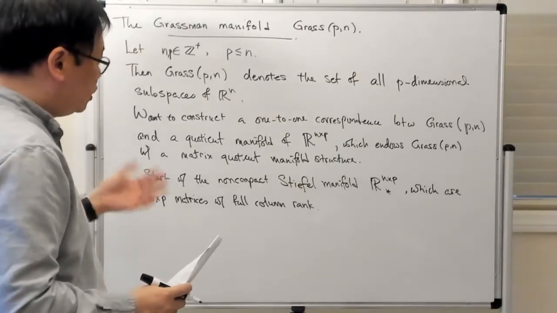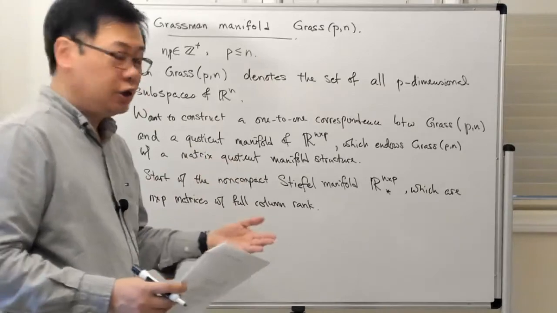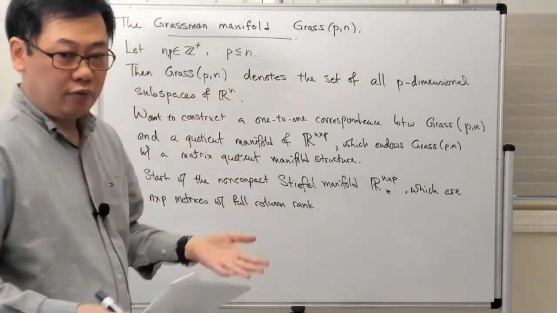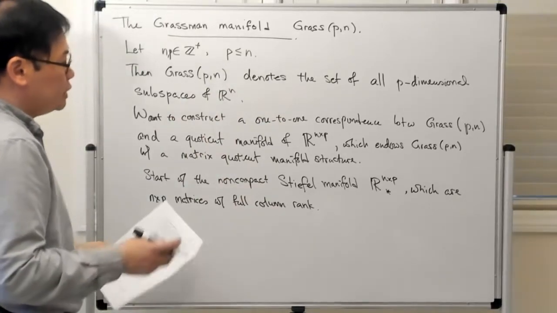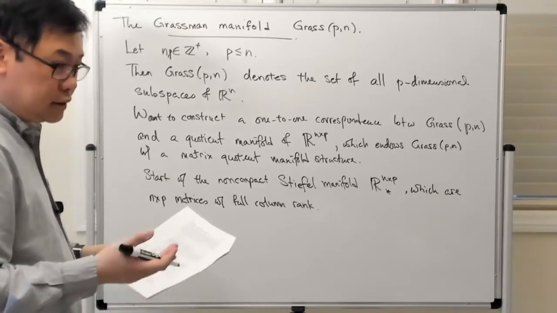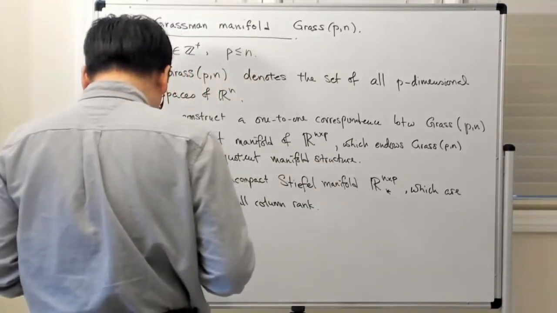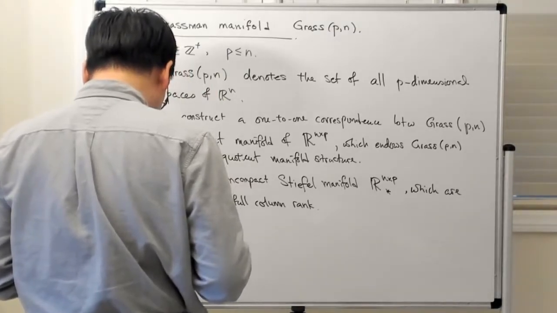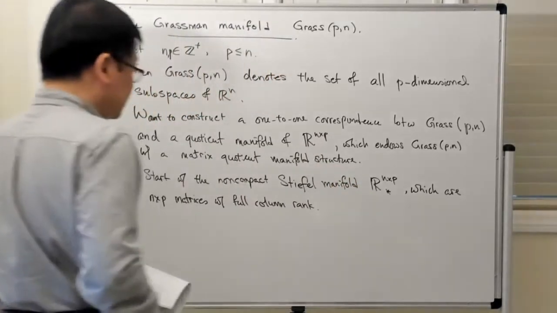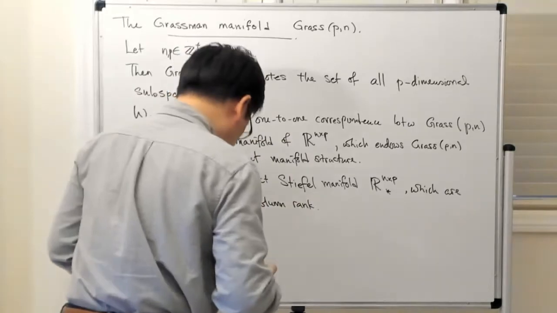And so each of the elements of the non-compact Stiefel manifold gives you a particular representation of a p-dimensional subspace. But of course, there's more than one possible representation, just as there is more than one possible choice of bases more generally. So let's define an equivalence relation on this non-compact Stiefel manifold, which would then give you the Grassmannians.